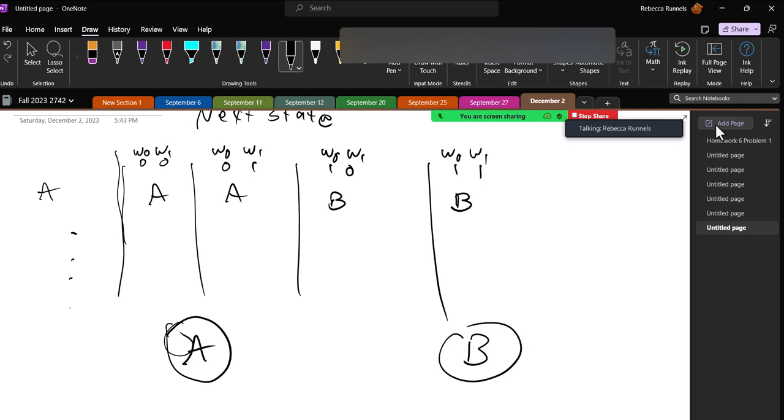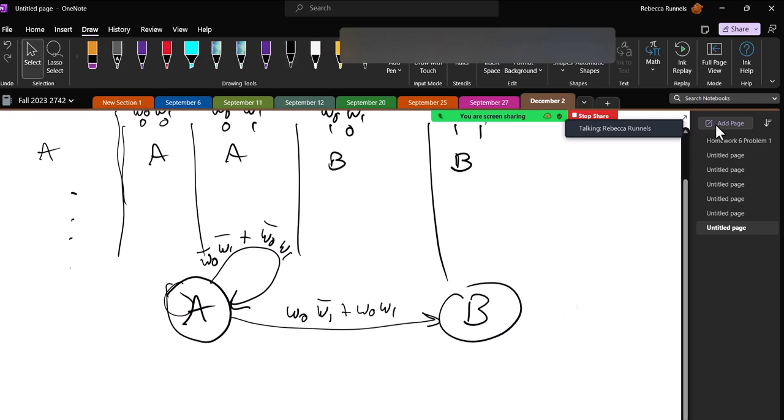And I have that from A, I go back to A if I have W0 bar W1 bar, or W0 bar W1. And I go to B if I have W0 W1 bar or W0 W1.